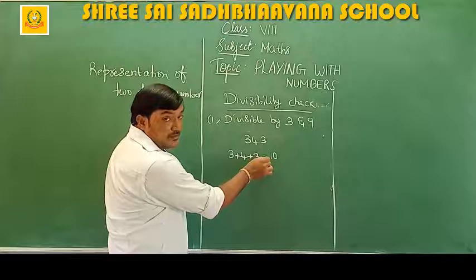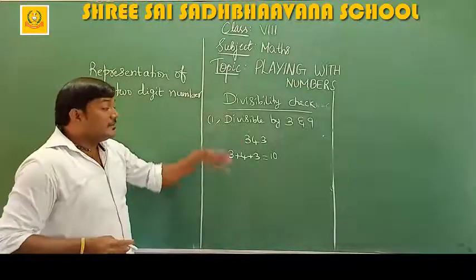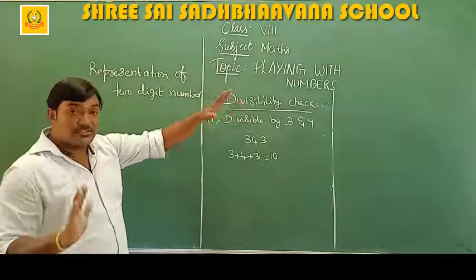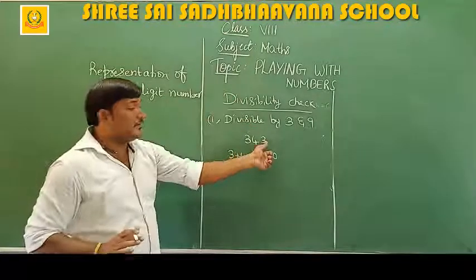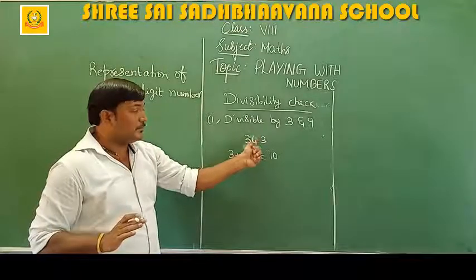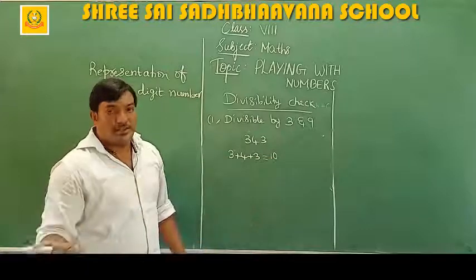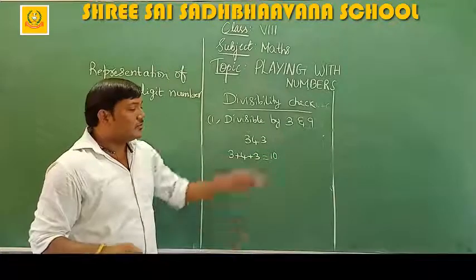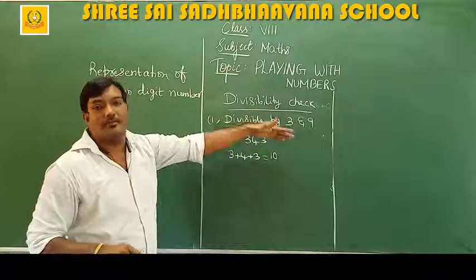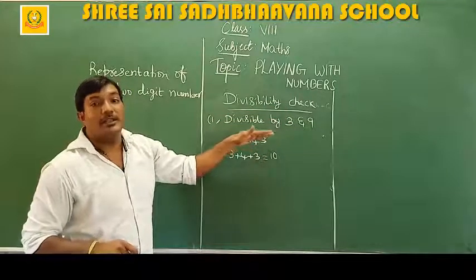Is 10 divisible by 3? No, right? So first you have to add all the digits, 3 plus 4 plus 3, and you get 10. 10 is not divisible by 3. So if the sum of the digits is not divisible by 3, this number is also not divisible by 3.